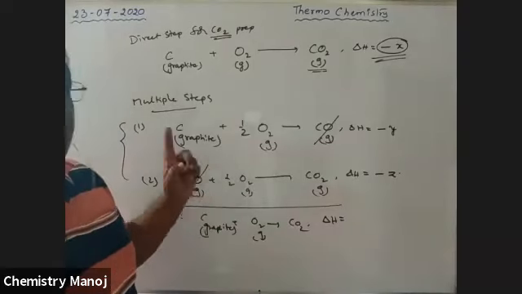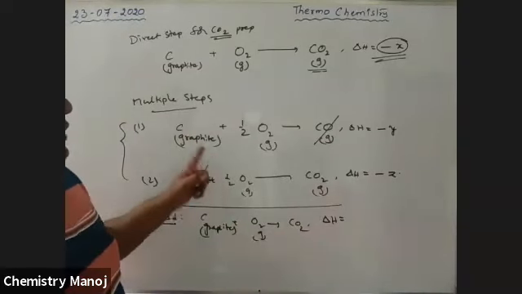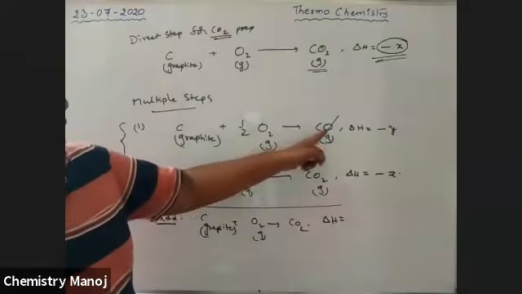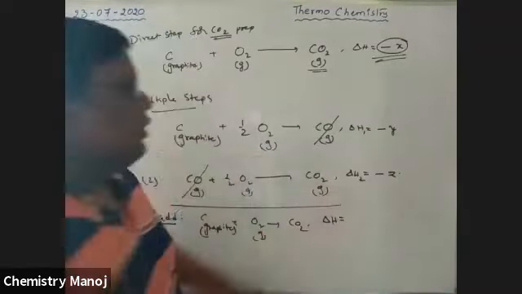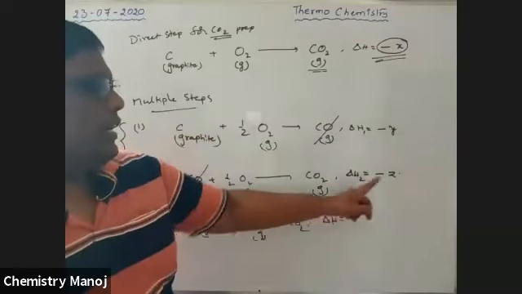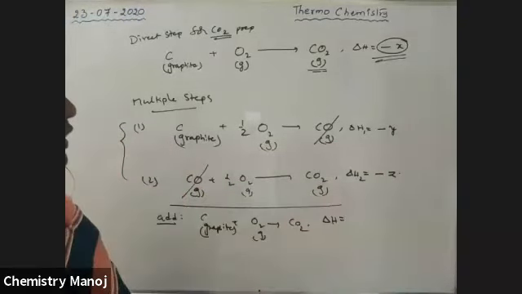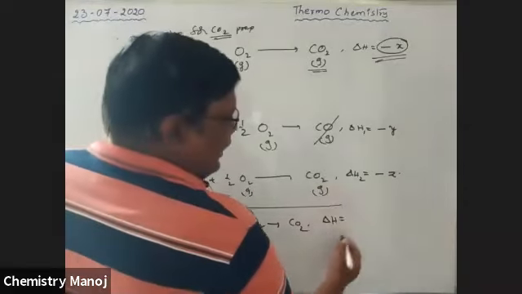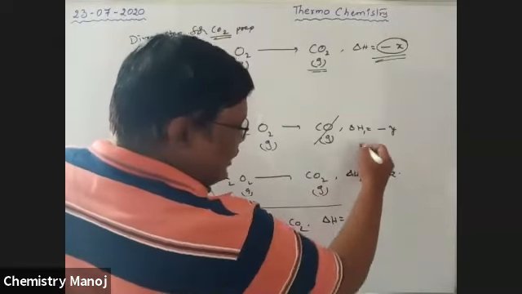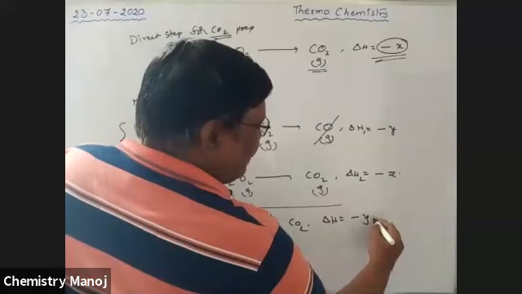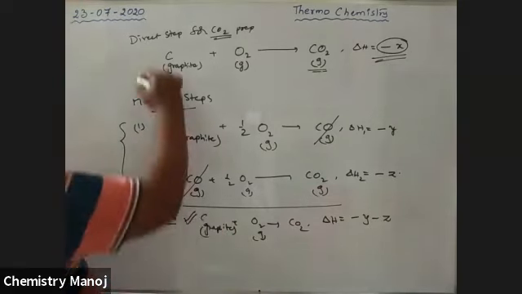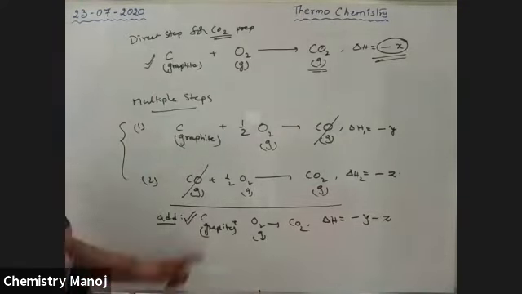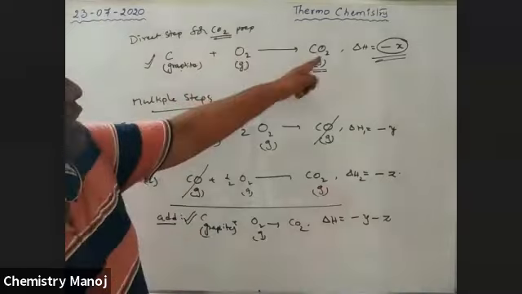Add these two equations. Carbon graphite plus half O2 gives carbon monoxide; let it be delta H1. The second is delta H2. Delta H1 is minus y, delta H2 is minus z. Adding these two equations, delta H is equal to delta H1 plus delta H2, that is minus y minus z. So this equation and the overall equation are identical: carbon graphite gives carbon dioxide.